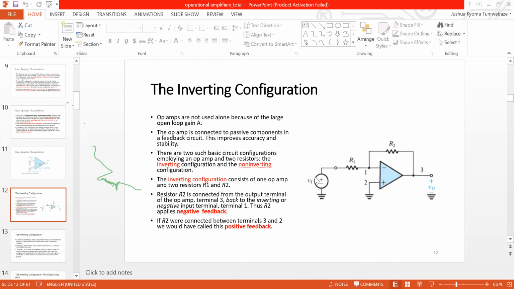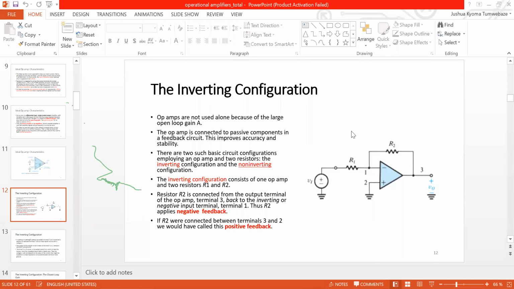So what do we do? We close the loop between the output and input. This simply implies that we provide a connection between the output and the input. If you see the figure, we have introduced two things.